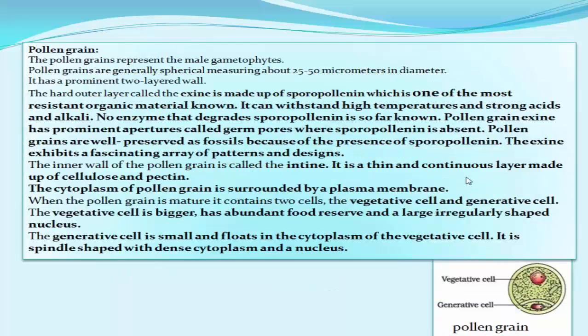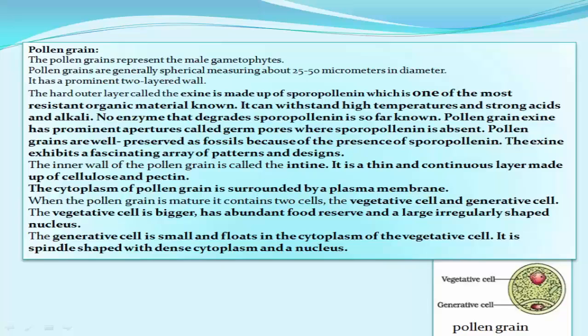Here is the detailed information about the pollen grain. What is this pollen grain? The pollen grain represents the male gametophyte of angiosperms. Remember the term male gametophyte, because at the time of pollen germination, the male gametes are produced by this pollen grain.